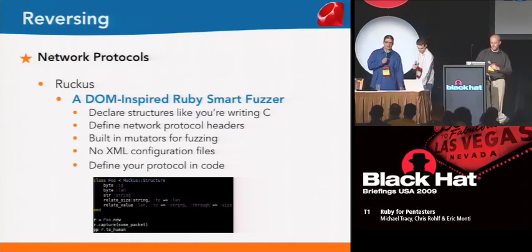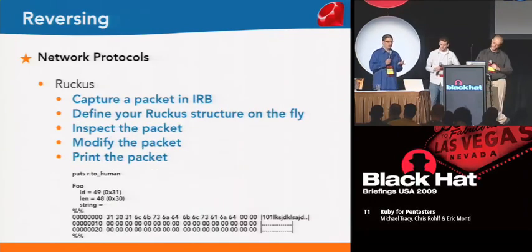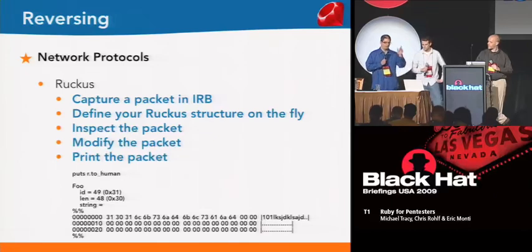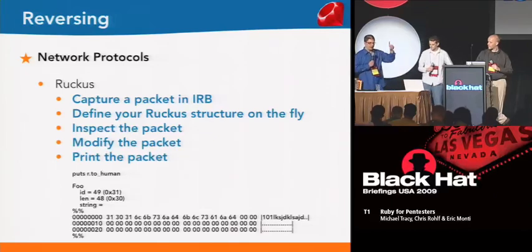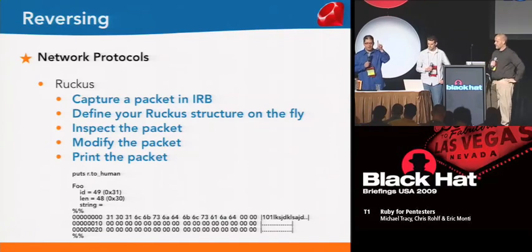So what we basically have in Ruckus is a way to create notations for protocols as they live on the wire. It's like the TCP struct, right? It's the same thing that we write on a whiteboard when we're sitting around, but now it's code, and it's code that marshals and demarshals protocols on the wire.